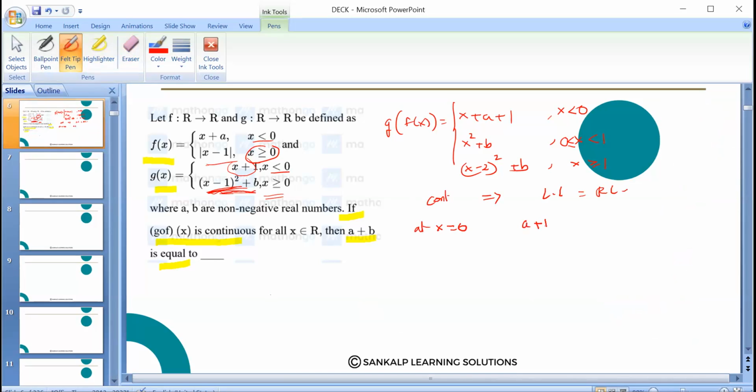So a plus 1 equal to b, or a minus b equal to minus 1. Then we will see at x equal to 1. Because we are seeing x equal to 1, 1 plus b equal to 1 minus 2 minus 1 whole square.